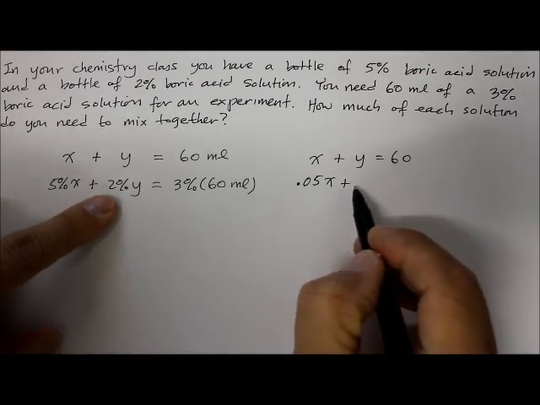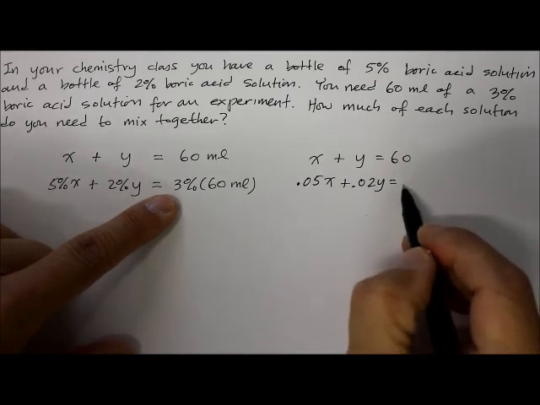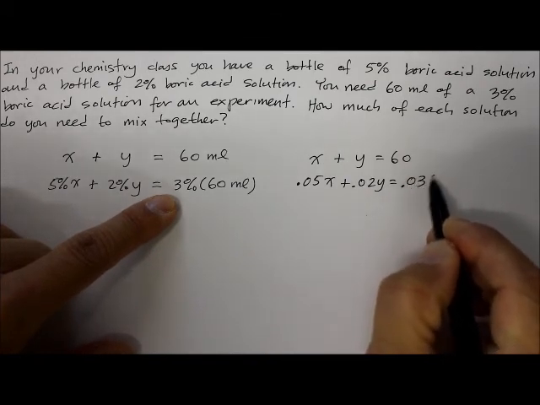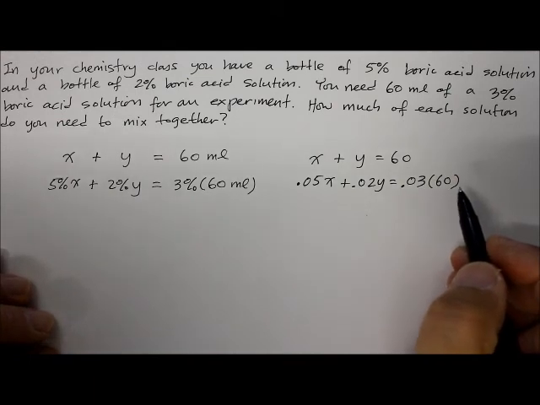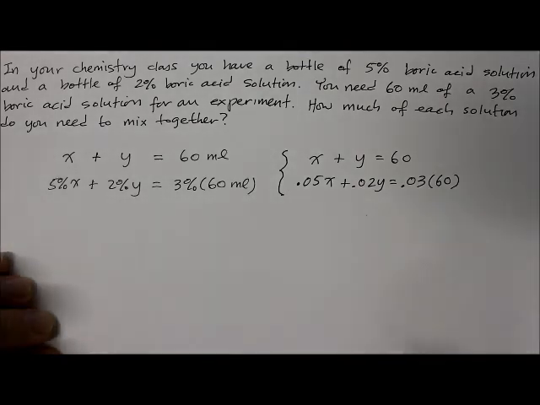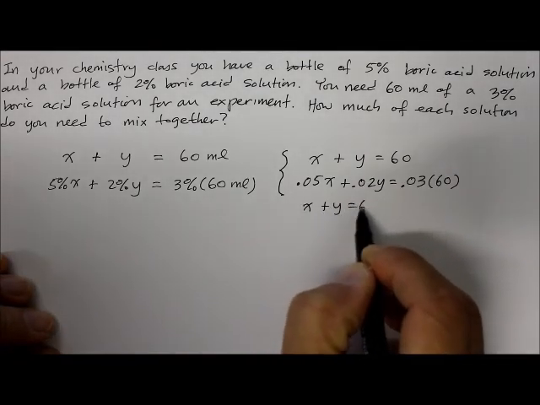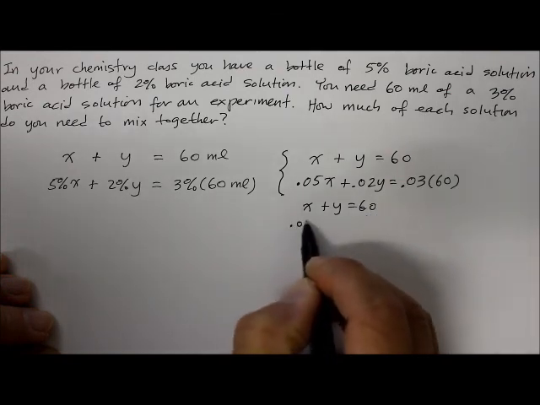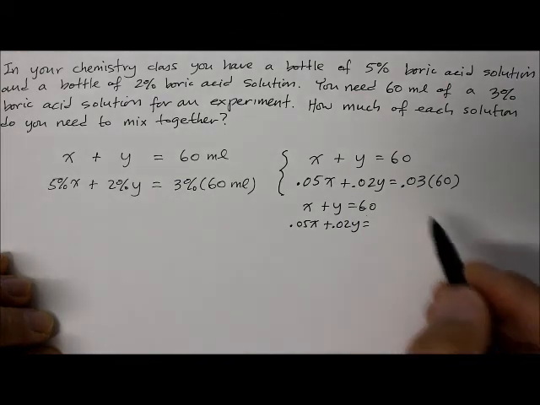Plus, that'll be 0.02y, and that's going to be 0.03 times 60. And so, now if we simplify this even further, we end up with X plus Y is equal to 60. 0.05x plus 0.02y is equal to 1.8.